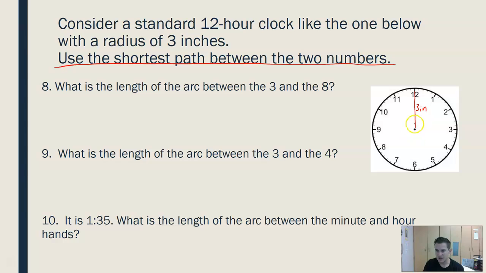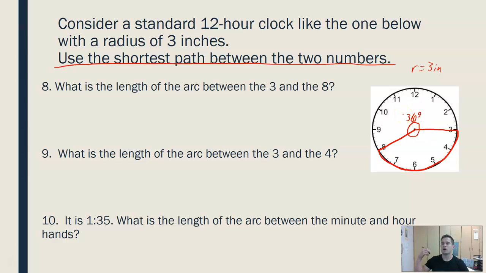I'm going to write that the radius is 3 inches. I'm going to draw a radius to the 8 mark on my clock and a radius to the 3 mark. The shortest path between those two numbers, I want to know this arc length right here. It doesn't give me an angle measure, but what I do know is that all the way around this whole circle is 360 degrees.